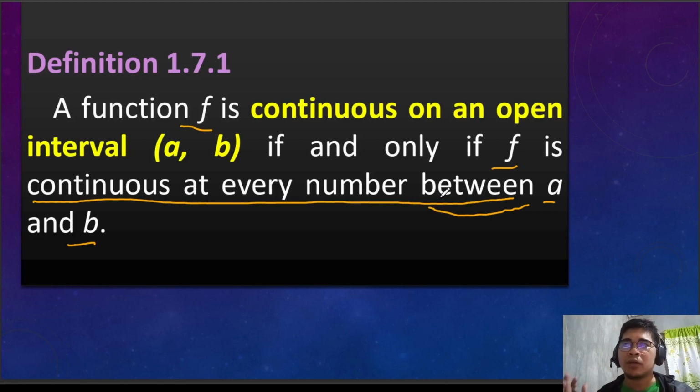For example, if a is 3 and then b is 9, so from 4, 5, 6, 7, 8, dapat continuous si f para makaingon ta nga f is continuous on an open interval a b. So kung balikon, continuous si f sa open interval if and only if ang f is continuous siya sa tanang numero between a and b.